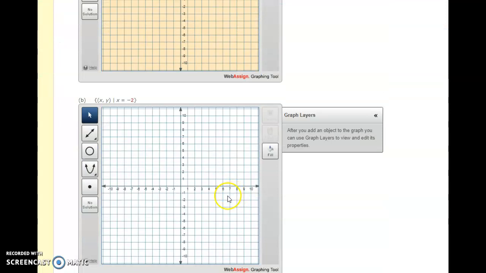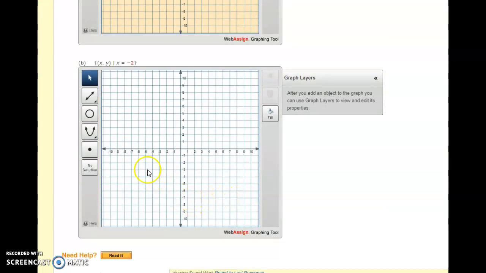Let's scroll down to part B, and let's look at this. x is equal to -2. So equal to -2 means that I am going to select my line tool and pick 2 points. As soon as I click the 2 points, you see that it draws the line.